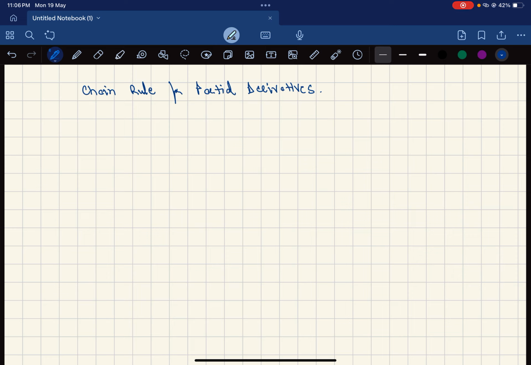So here also, now let us say we have a function f(x, y). So basically it's a function in two variables x and y, and x itself and y itself are both functions as well: x is a function of two variables r and s, while y is also a function of the same two variables. Now let us say we are asked to calculate the partial derivative of f with respect to r.